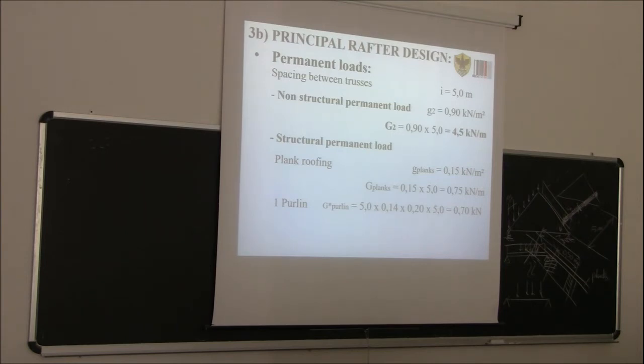If you just think about dimensional analysis, these are kilonewton. In order to transform this kilonewton into kilonewton per meter, what do you have to do? In this case, what I have to take as a length is actually the spacing.